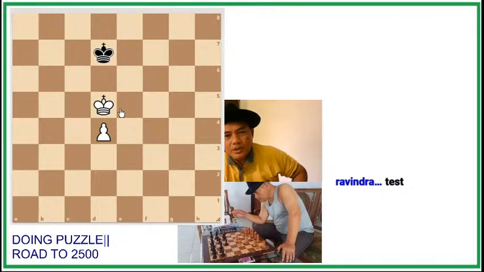In distant opposition, there can be 3 maybe or 5 squares in between. That's called the distant opposition. So when we talk about the key square, we will also talk about the opposition or the distant opposition.